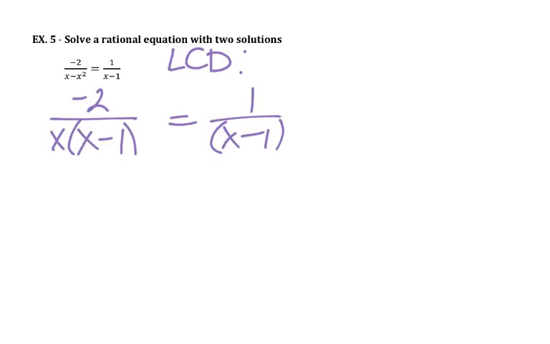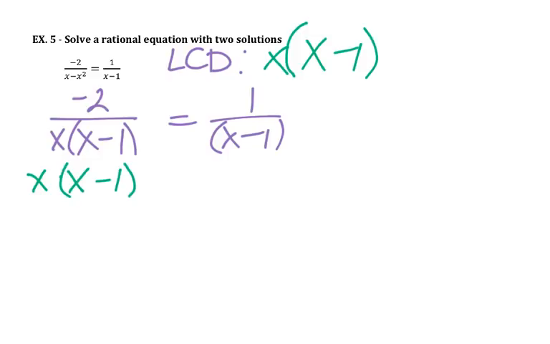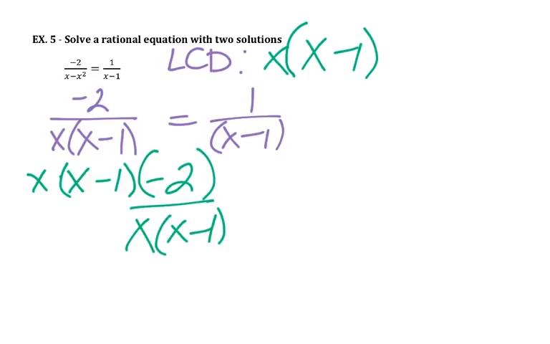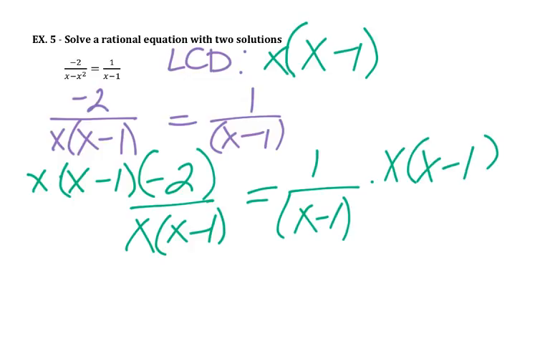I'm going to multiply both sides by the LCD, which we said was x times x minus 1. So I get x times x minus 1 times negative 2, I do need parentheses there, over x minus 1, equals 1 over x minus 1 times x minus 1.